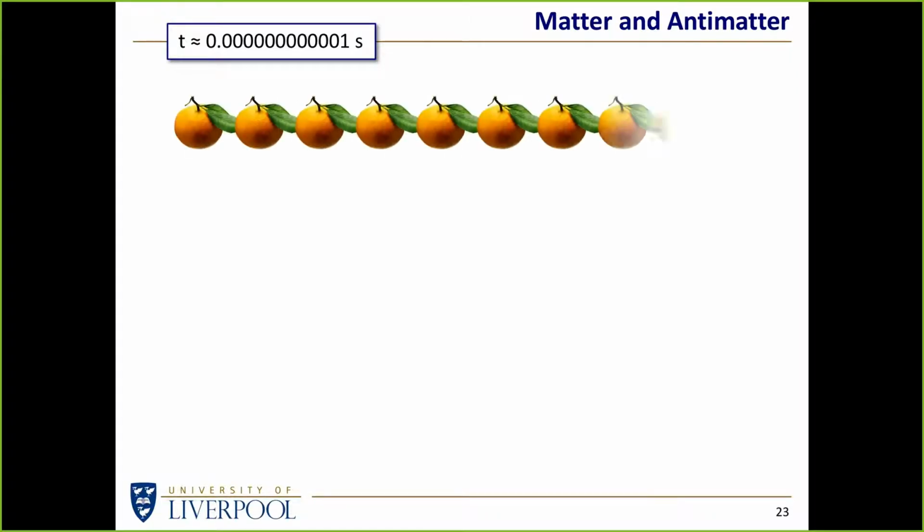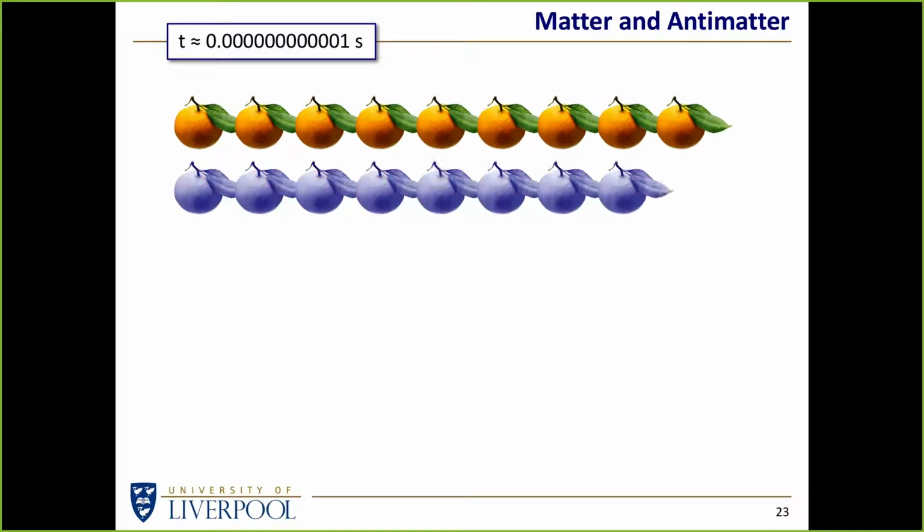So what that meant was a whole load of matter was produced, and not quite the same amount of antimatter was produced. Here I've shown it as 10 lots of one and 9 lots of another. In fact, it was more like 1,000,000,001 lots of matter compared to 1,000,000,000 lots of antimatter. The discrepancy was tiny, only about 1 part in 1,000,000,000.